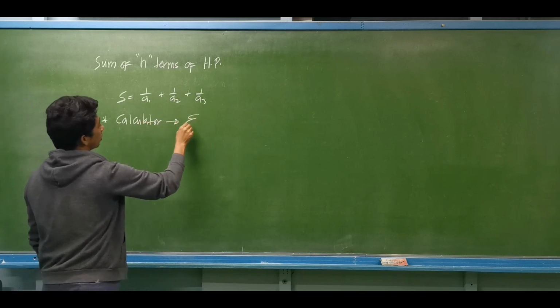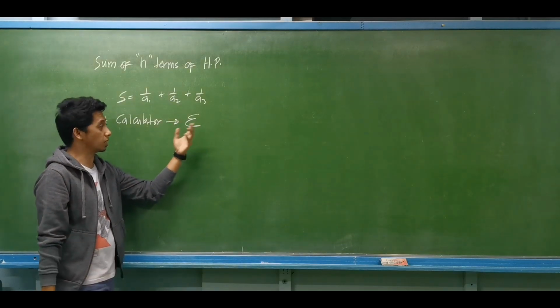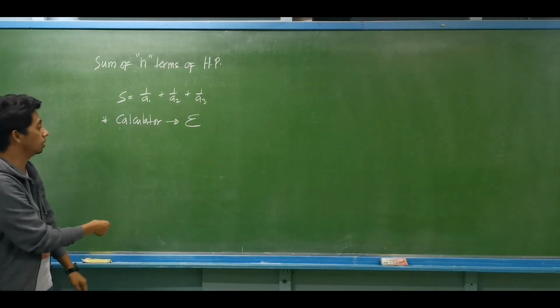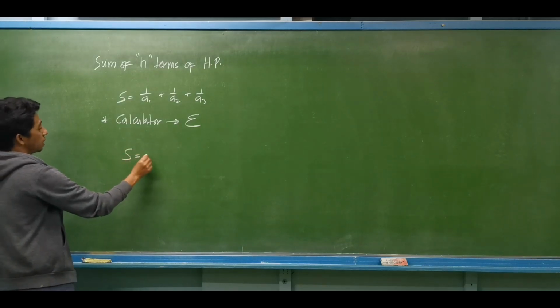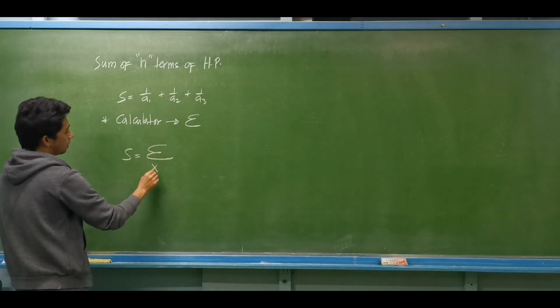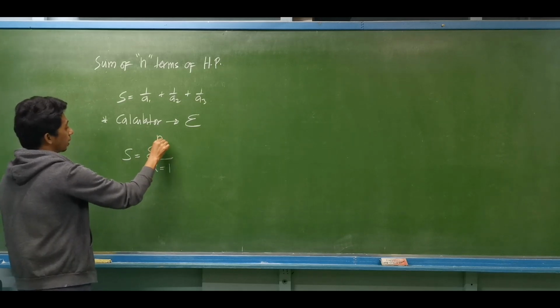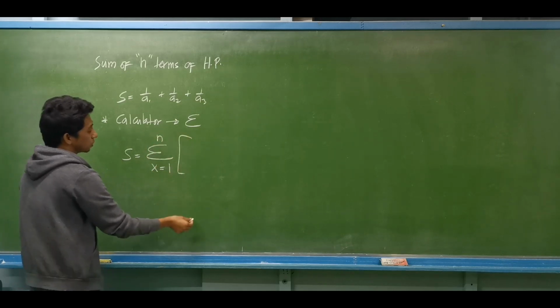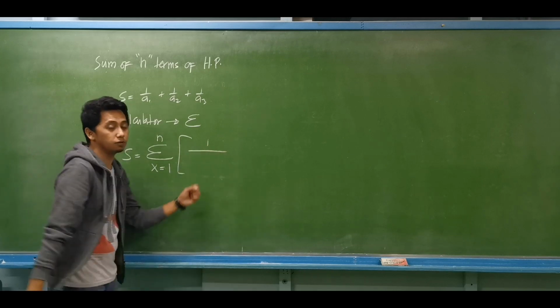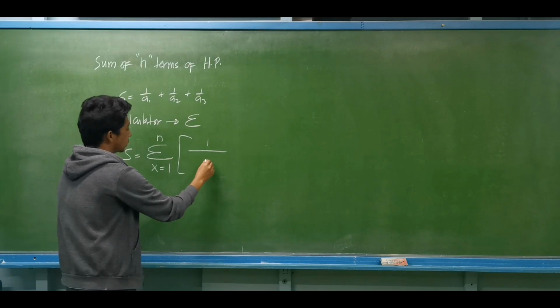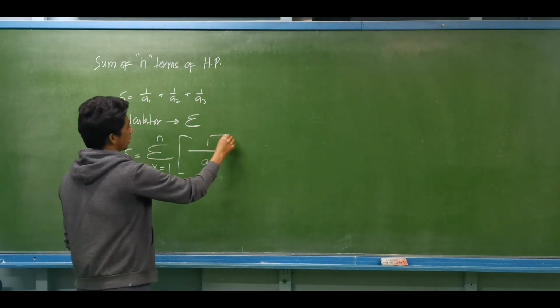If we have a calculator with a sigma function, let us determine the sum using our calculator. The sum is basically equal to the summation from x equal to 1, the first term, up to n, where we input the reciprocal of the formula for the nth term of an arithmetic progression, which is 1 over a sub n.